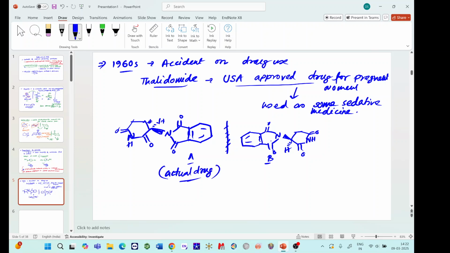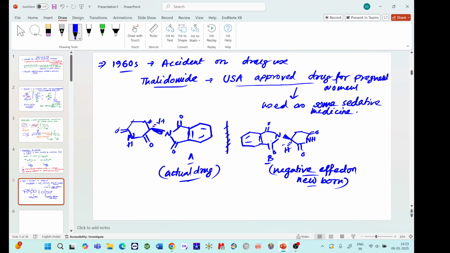Okay, but this other isomer was having a negative effect on the newborn baby. People could not study this much before, as they only marketed and sold the medicine in the market.